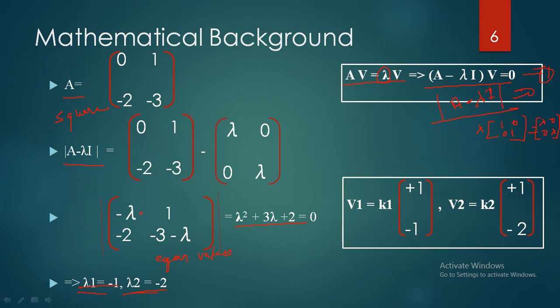So if you put minus 1 here, then you will get minus of minus 1, 1, 1, minus 2, and minus 3 and minus of minus 1, minus 2. So and multiplied by V. So this V you may consider as V1, V2.